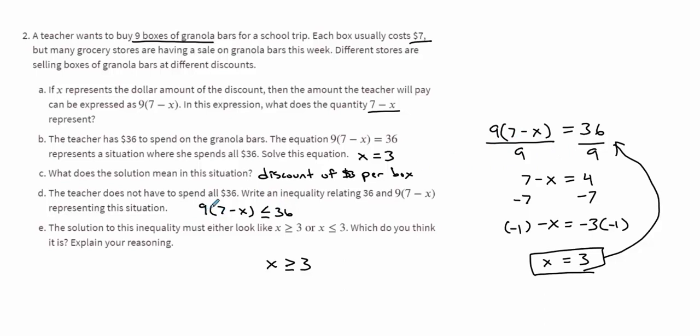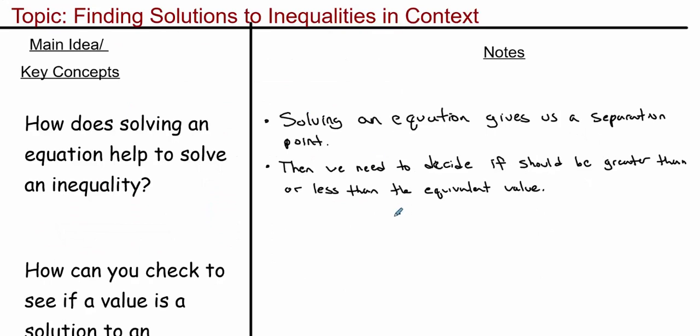So if 9 times the quantity 7 minus x has to be less than or equal to 36, we solve this by figuring out what if it was exactly equal to 36. We do the same process.